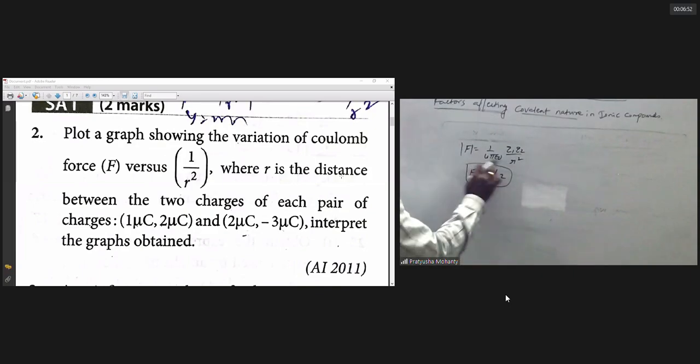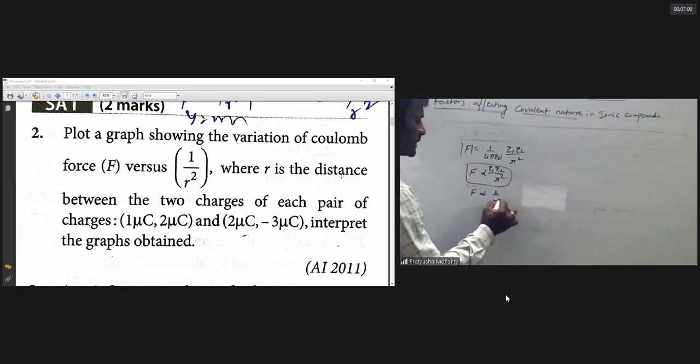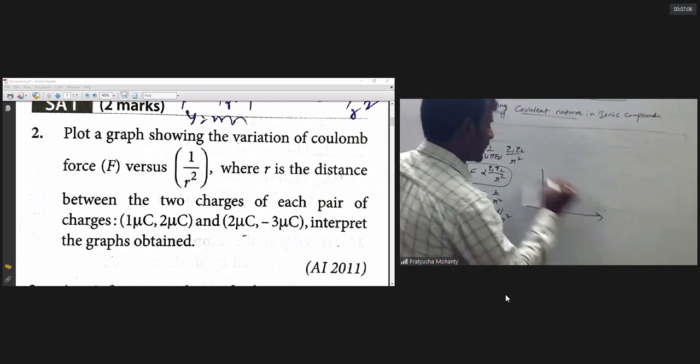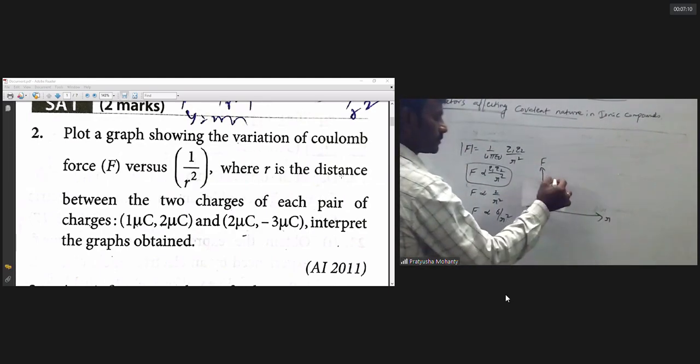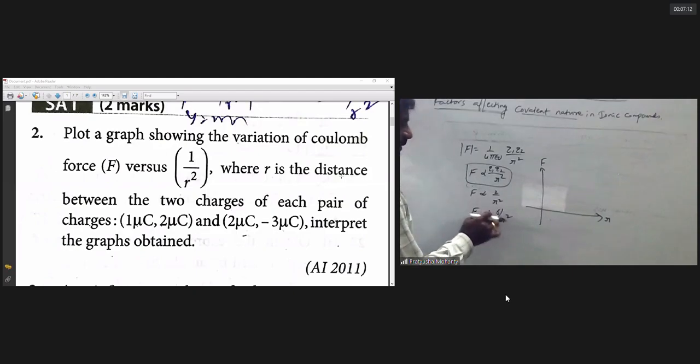Now you see, F is proportional to 2 by r square, and the next one 6 by r square. We want it will be like this. F versus 6 by r square and 2 by r square.